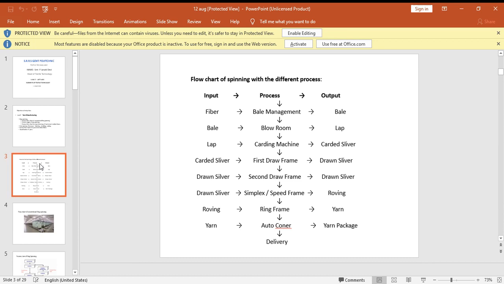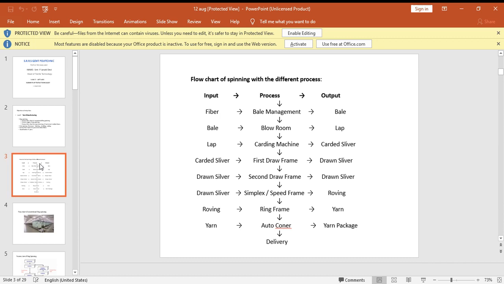Then carded sliver to first draw frame, drawn sliver. From drawn sliver to second draw frame, that is drawn sliver. Then drawn sliver to simplex or speed frame, that is roving.